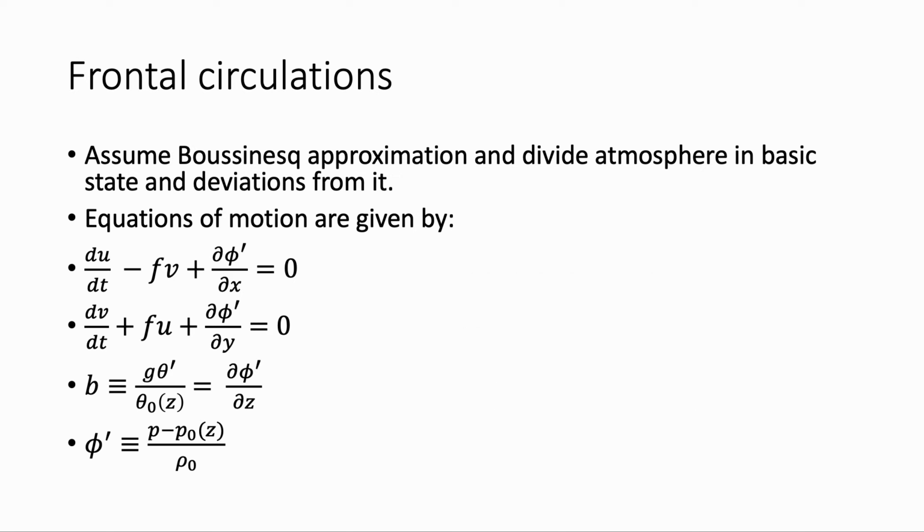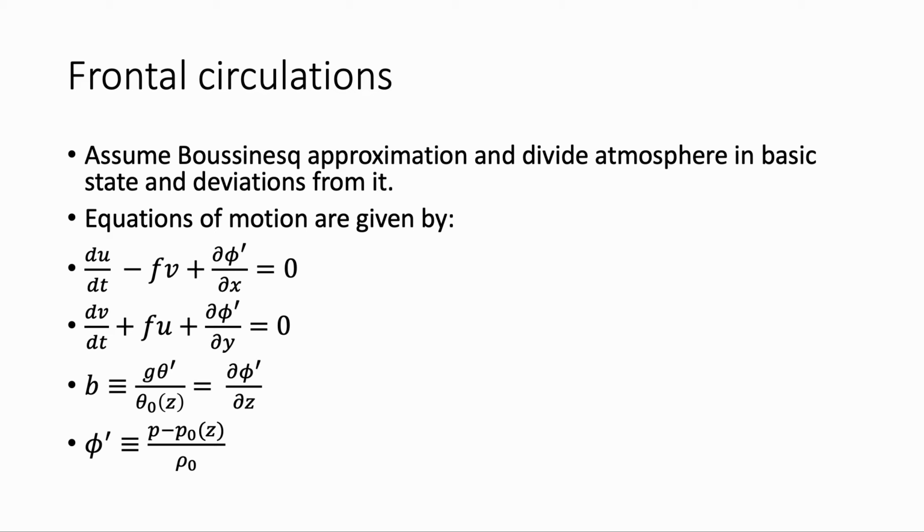All right, so the way that we are going to go about this is by going back to the whiteboard and thinking about the equations of motion. We're going to start with the simple Boussinesq approximation, okay?